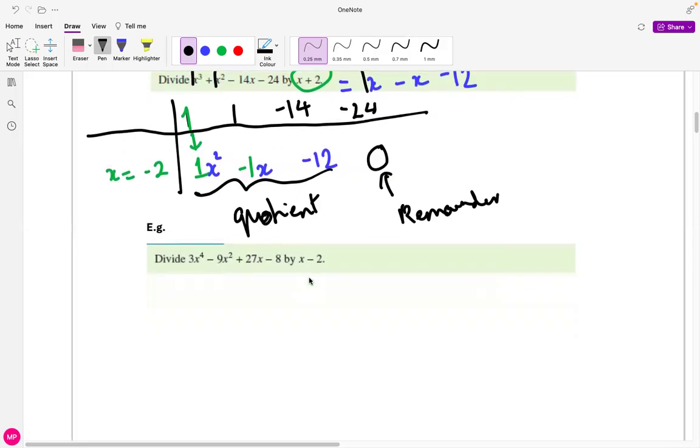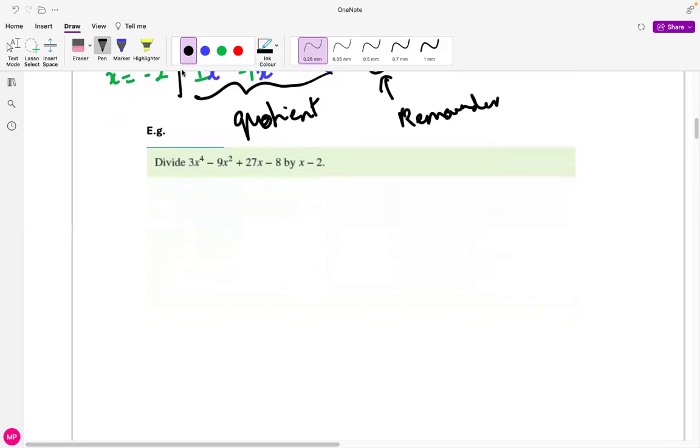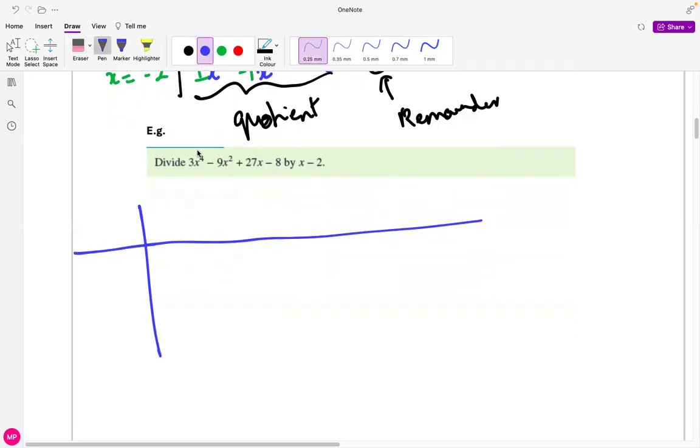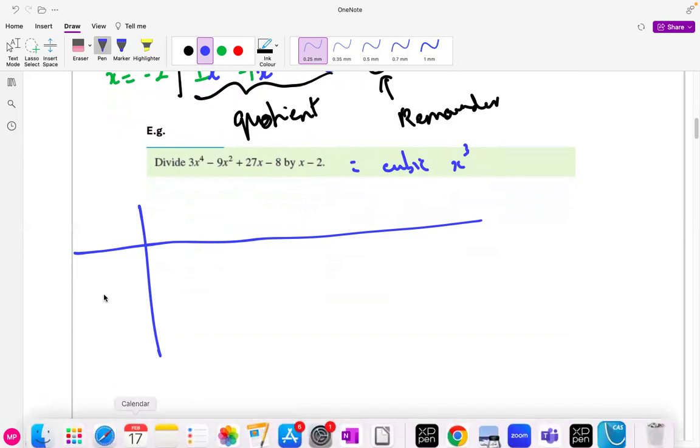Right, we're going to do another example here, and this time we just use a table. Here, what do I have? I have a quartic this time, right? So a quartic, x to the power 4, divided by a linear. So I know that the answer will be a cubic. We start with x cubed.